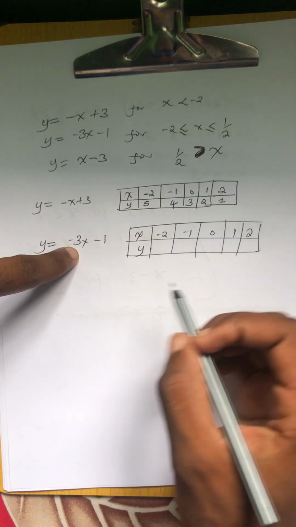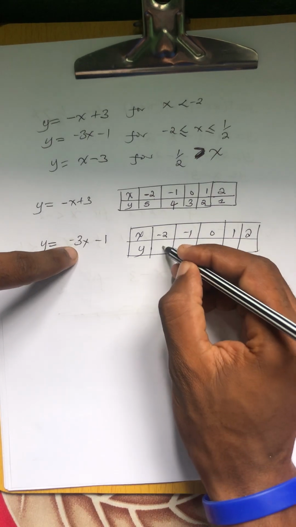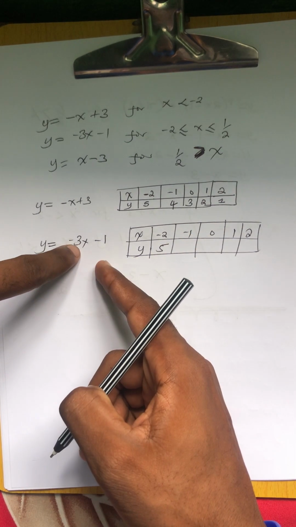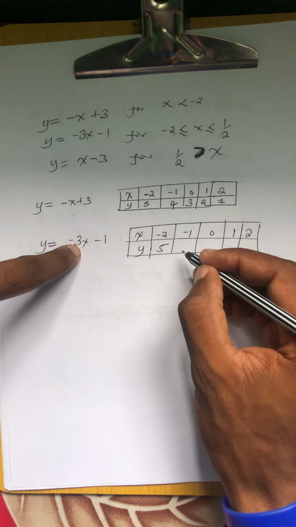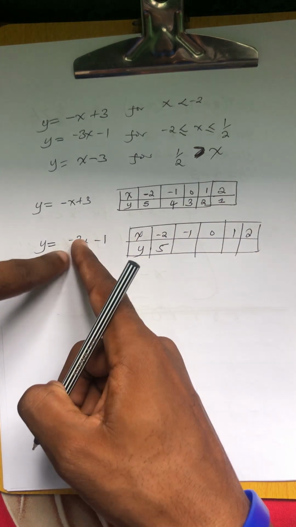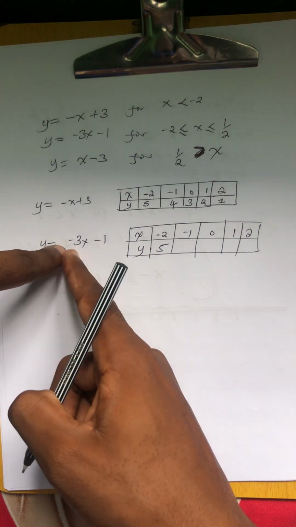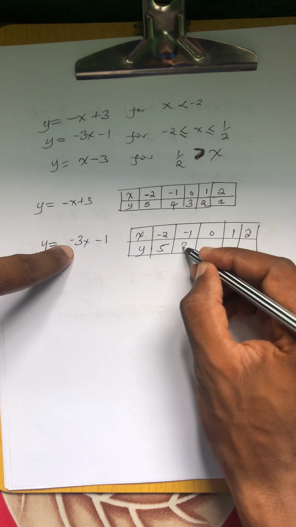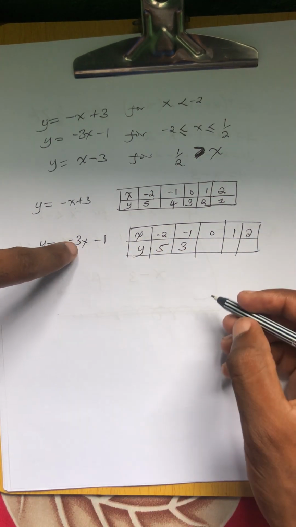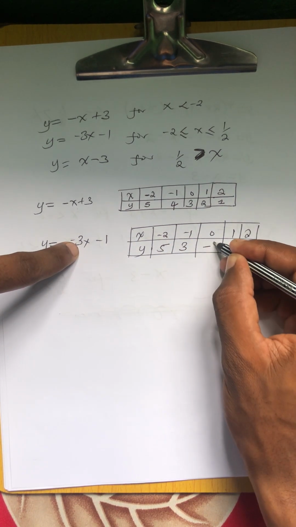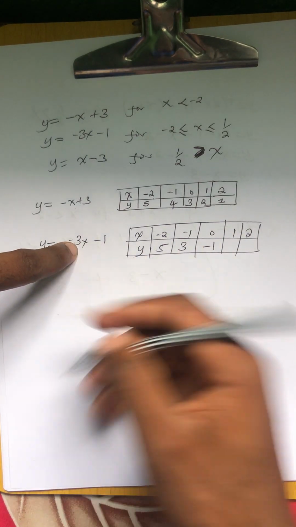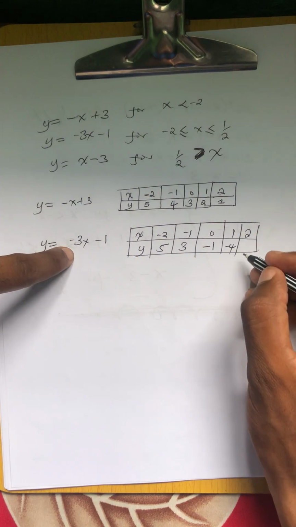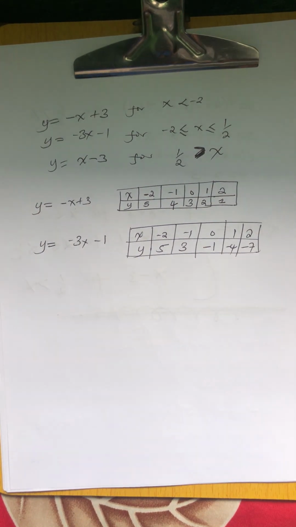Positive 6 minus 1, we have 5. Then if you put minus 1 there, it will be 4, then 4 minus 1, it will be 3. Then if you put a 0 there, you're going to have a minus 1. If you put a 1 there, you're going to have a minus 4. If you put a 2 there, you're going to have a minus 7. Good. Okay.